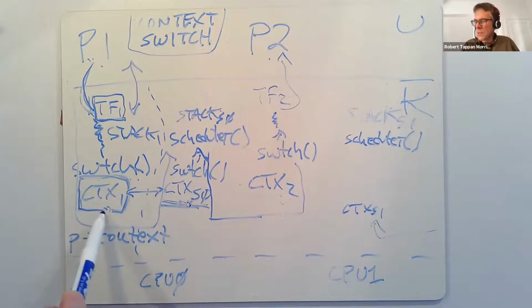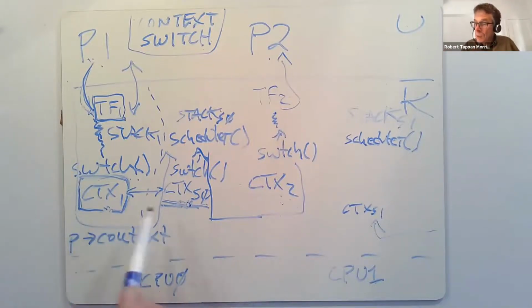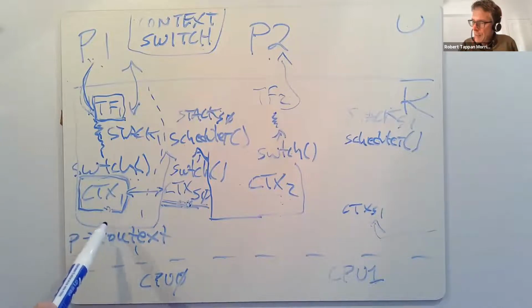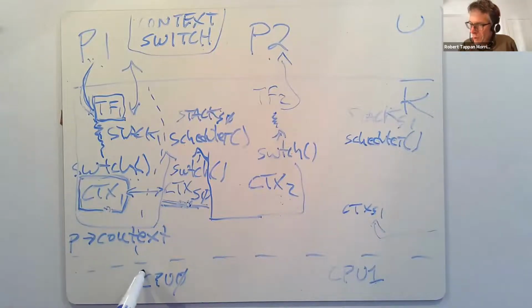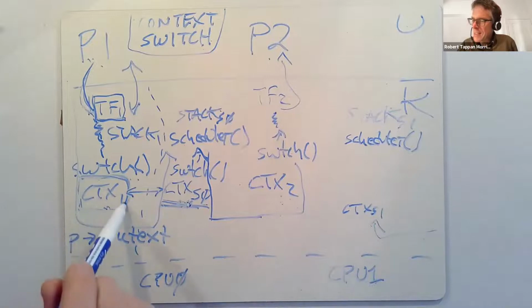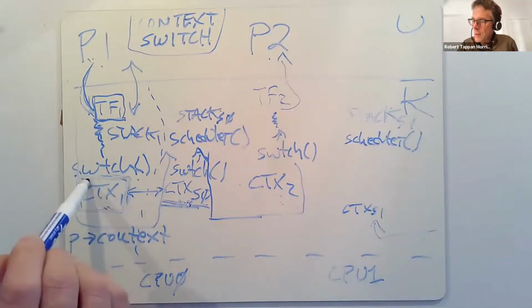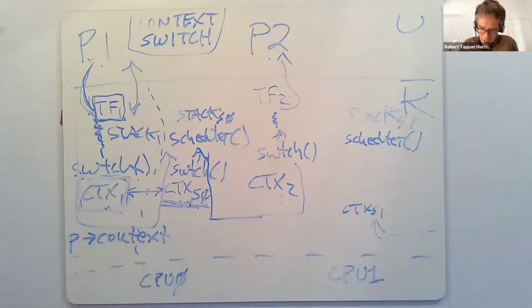And it's this switching that creates the illusion of multiple threads running at different times on that core. Similarly, each thread is either running on exactly one core, or its state has been saved and we've switched away from it. So just to be clear, a thread never runs on more than one core. A thread is either running on just one core, or it's not running at all. It has saved state somewhere.